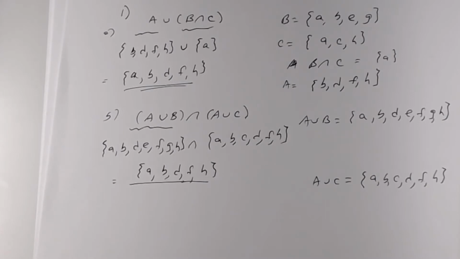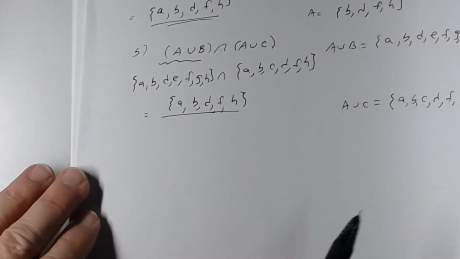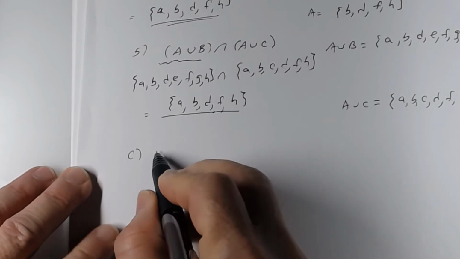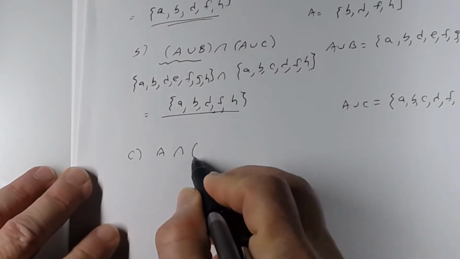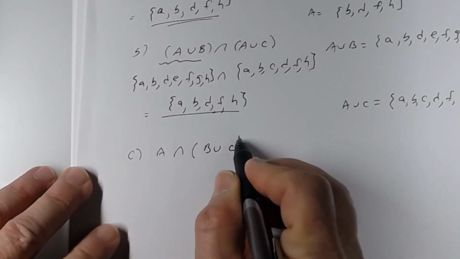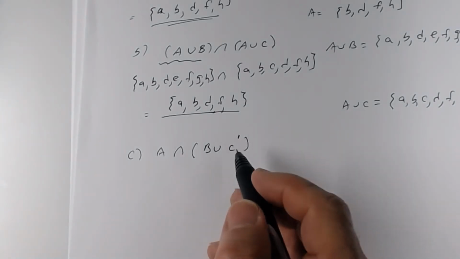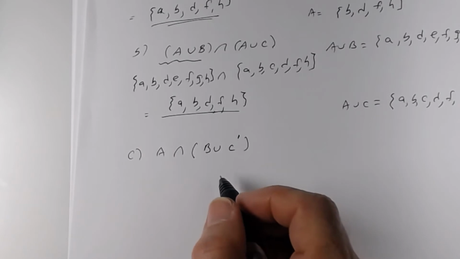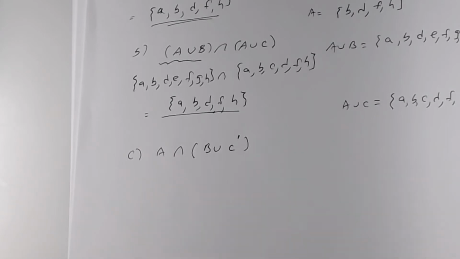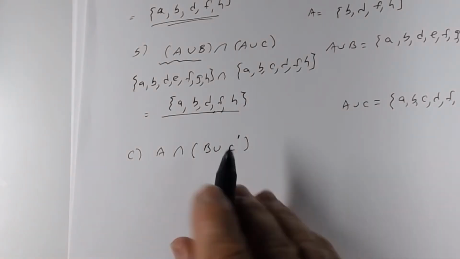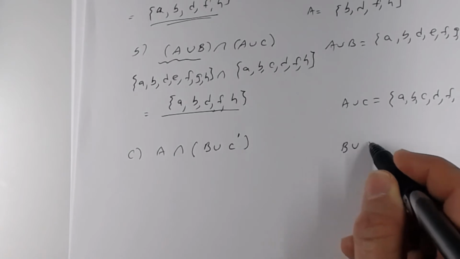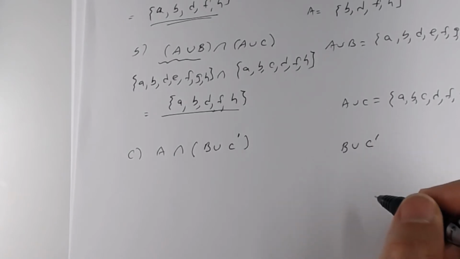So C says this. You want to find A intersect B union C complement. So just as before, we have to find what's inside the parentheses first. So I'm going to go off to the side and figure out B union C complement.